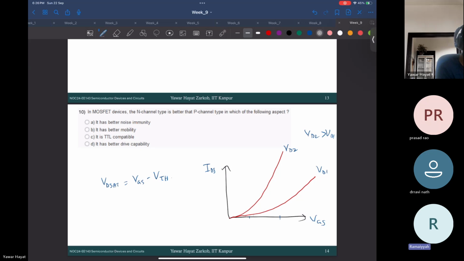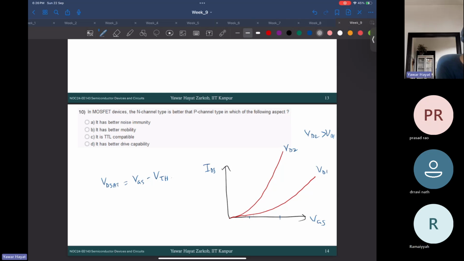Now coming to the plot for VD2. Okay, first continue with your question. For VD2, since the drain source voltage is increased, you'll have a pinch off earlier, right?